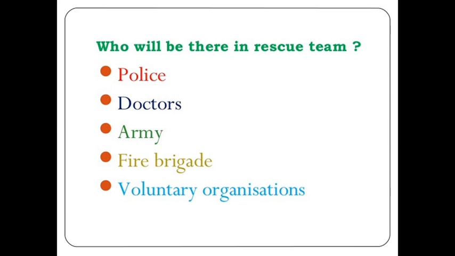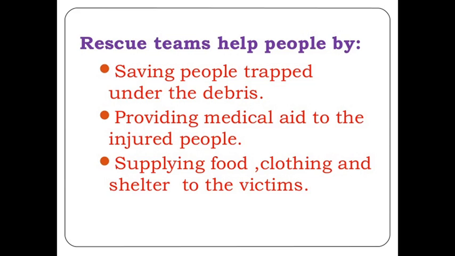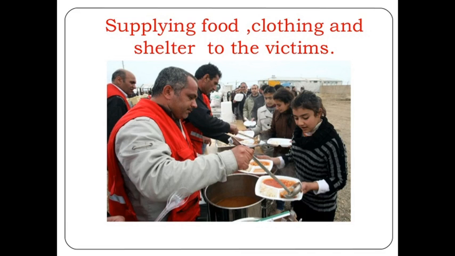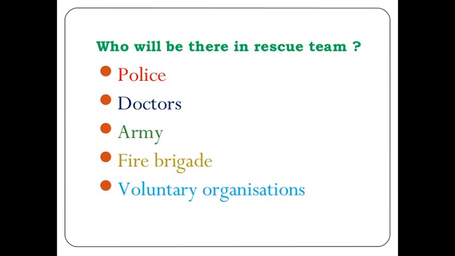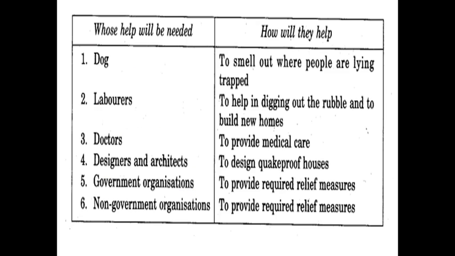So we have learned that rescue teams help people, but which people are actually present in the rescue team? They are police, doctors, army, fire brigade and voluntary organizations. Professionals like doctors, nurses and firefighters play a major role in rescue work.